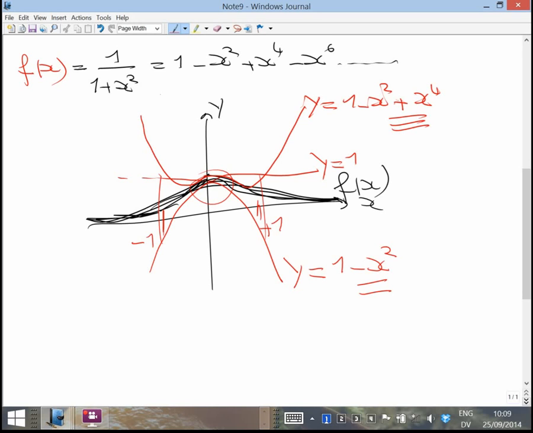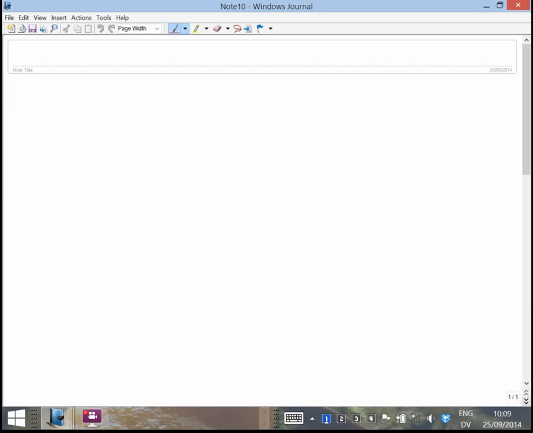Any questions on this? If not, let's start with the course proper, and let's now look at what it means to be a function of a complex variable. So let's look at functions of complex variable.